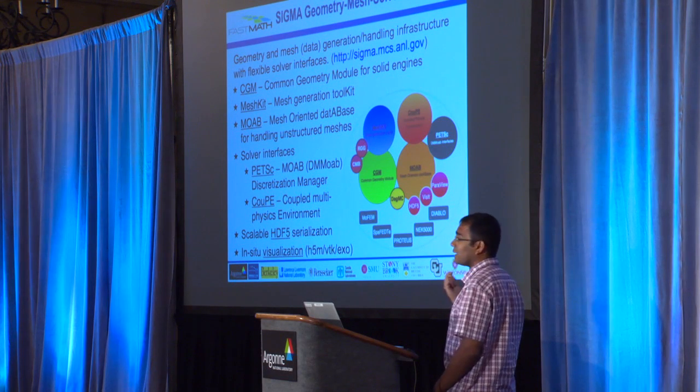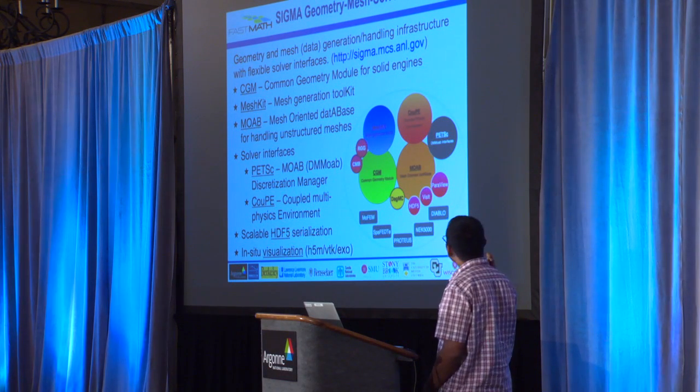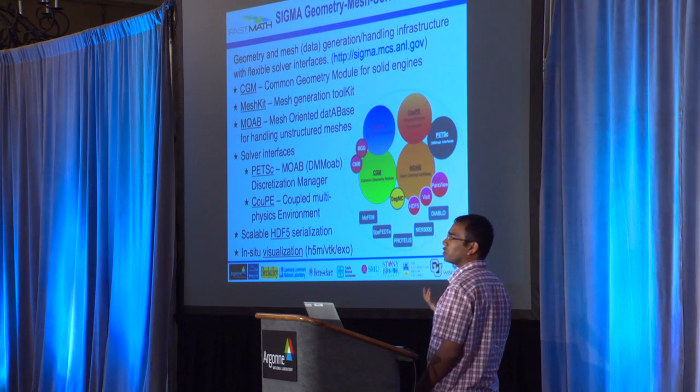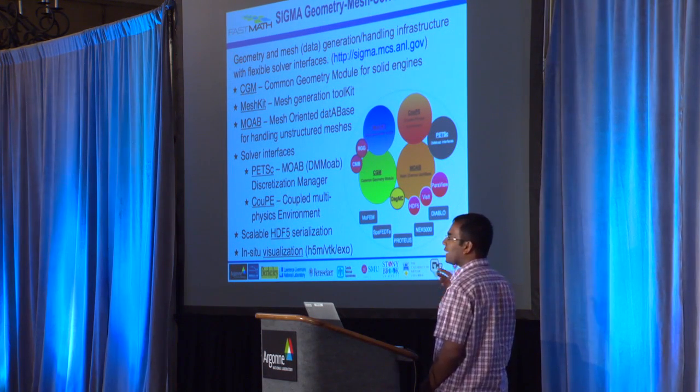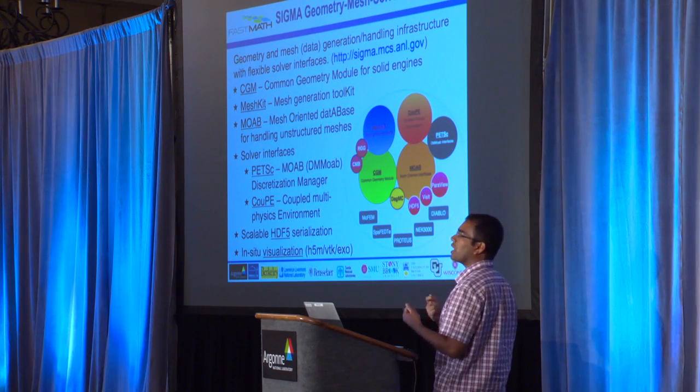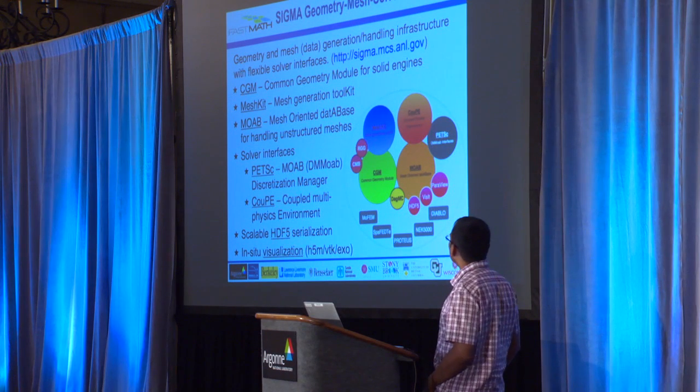And MOAB is the unstructured mesh data structure that is part of Sigma and can handle parallel I/O. It can handle several different element types. It provides functionality to query connectivity, adjacencies, and several types of relational queries in your unstructured mesh.